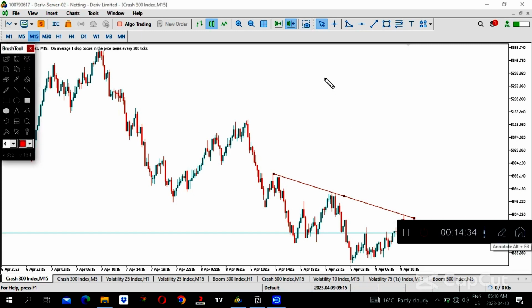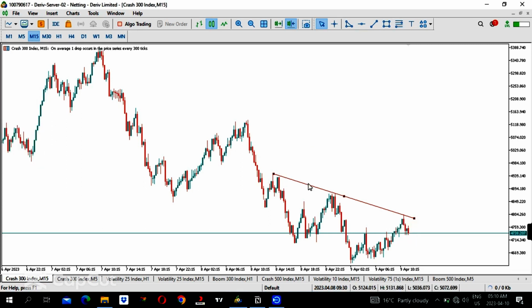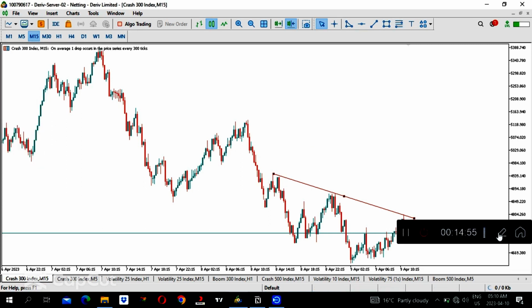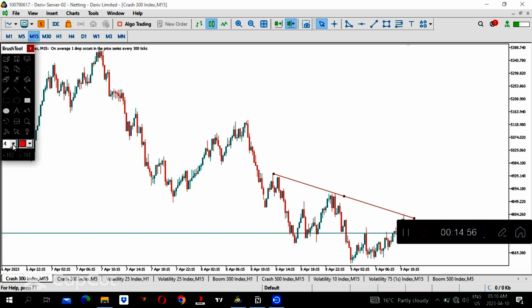So on the first variation, we're saying maybe you're in an uptrend. Let me draw this again. It's better again, right? Let me just remove this and let's start again. So we're in an uptrend.